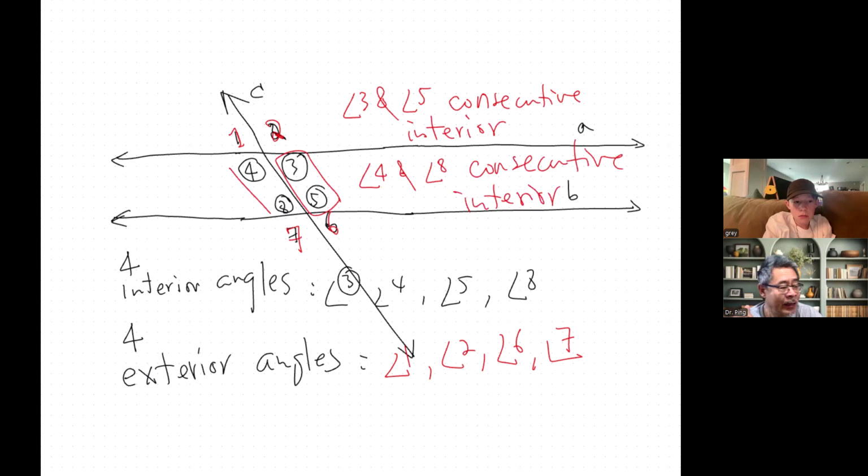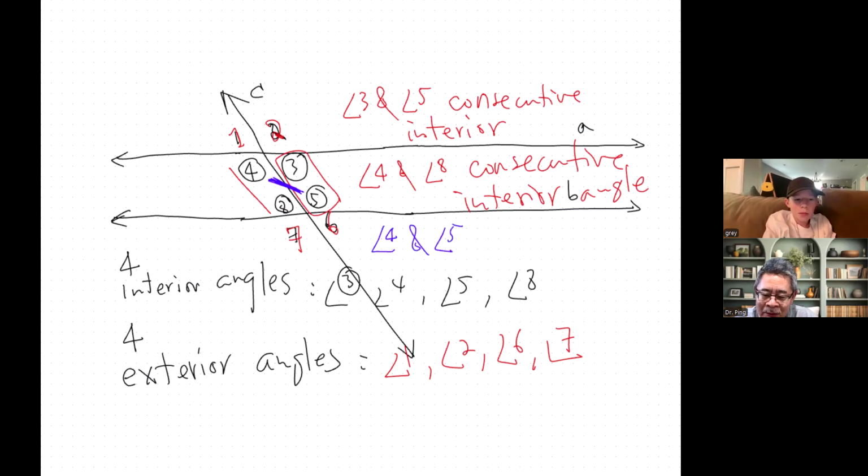Okay, and we can also look at them across. So 4 and 5, they are interior angles, but the transversal is between them, on either side of the transversal.